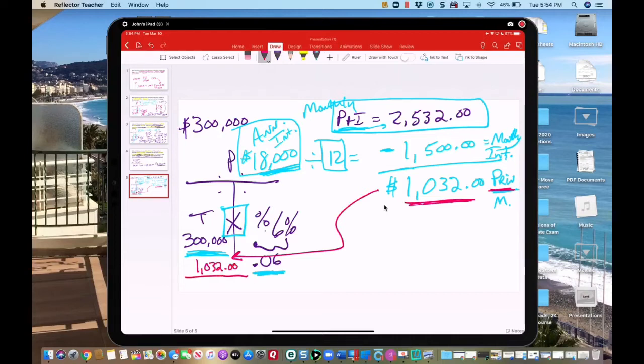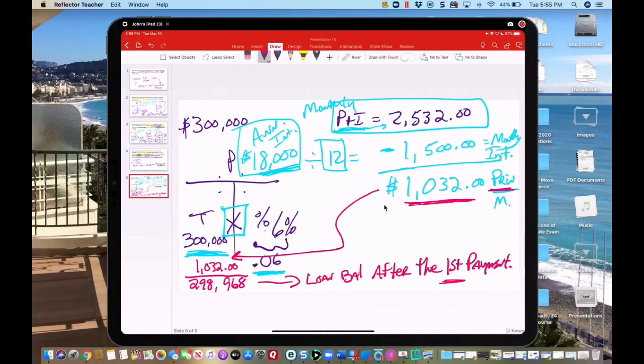When we take our $300,000 loan balance, and after our first payment, $1,032 went to principal, which means $298,968 is the loan balance after the first payment. And I'm teaching you how to amortize here. That's after the first payment.